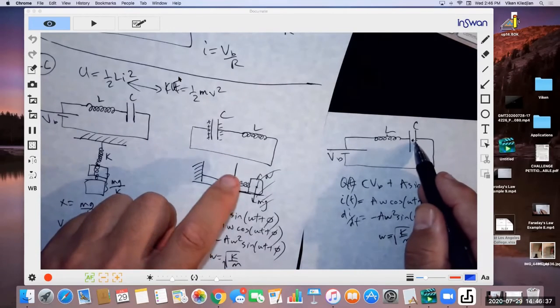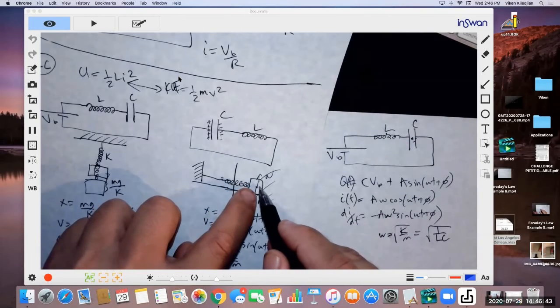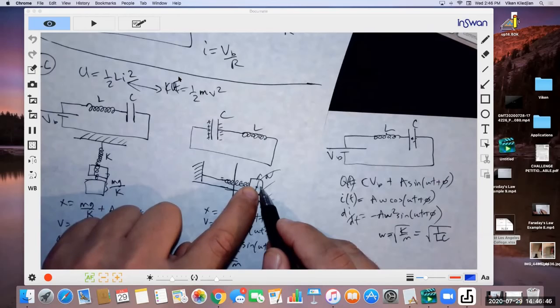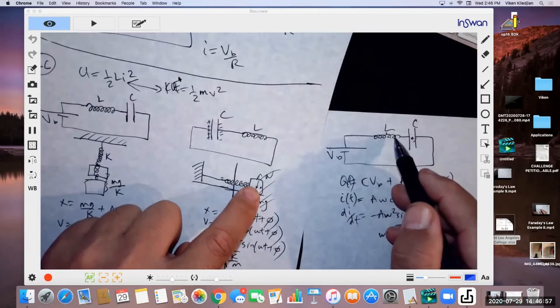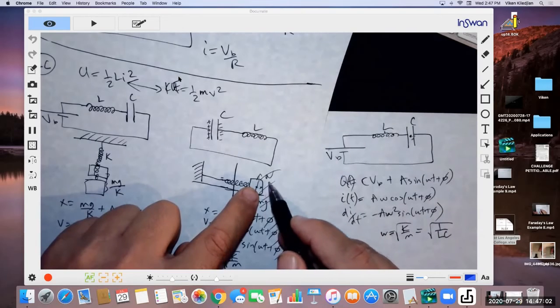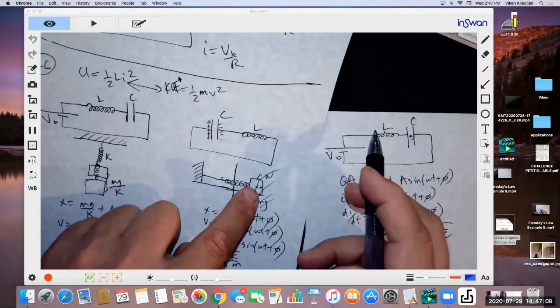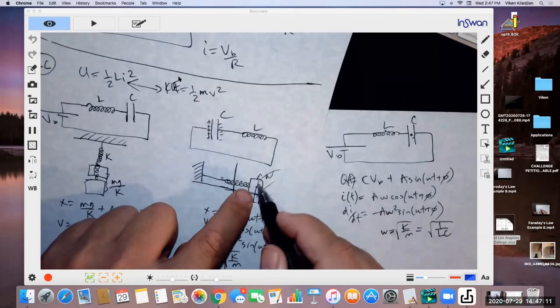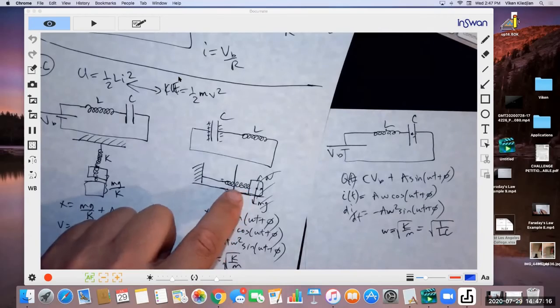So the capacitor and the spring are the same. But a block hates changes of velocity. That's why the block has inertia. It doesn't like velocity to change, just like an inductor doesn't like current to change, you see? That's why the inductor behaves like the block. The inductor resists changes of current, just like a block resists changes of velocity.